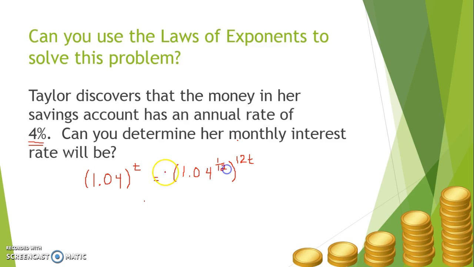So in order to keep this as just a t, it would be 1/12. 1.04 to the 1/12 being raised to the 12t. Remember, using our power of a power, these would cancel each other out. That's why we can separate this like this, because 1/12 times 12 gives us the 1, or the 1t.